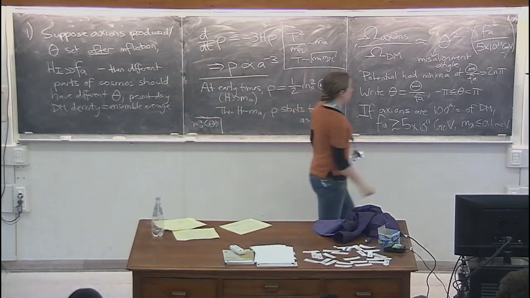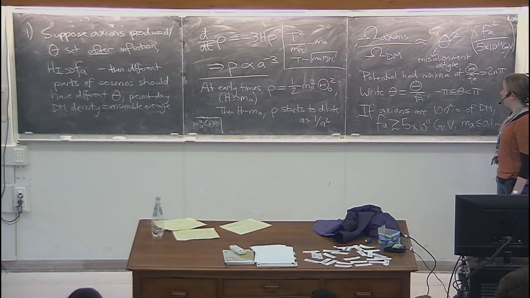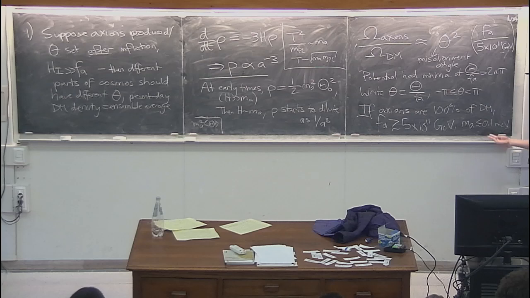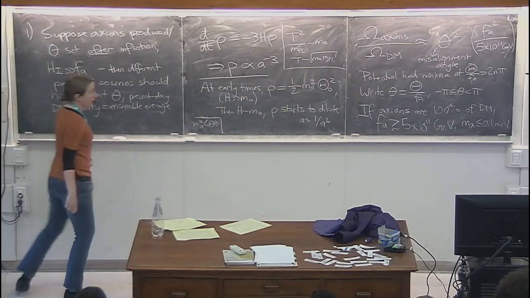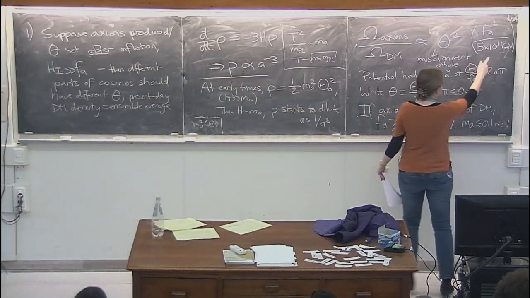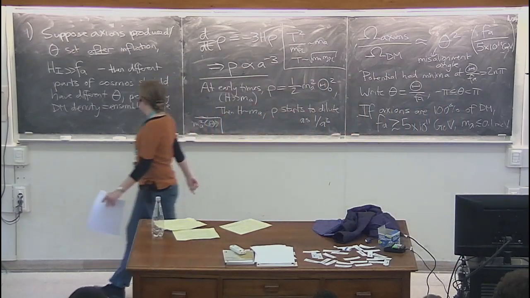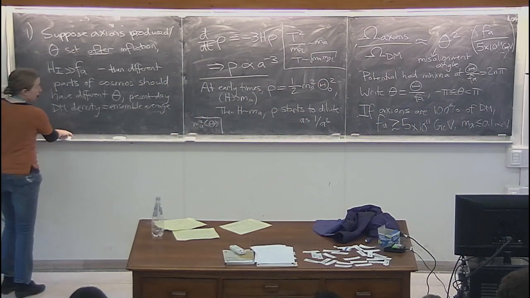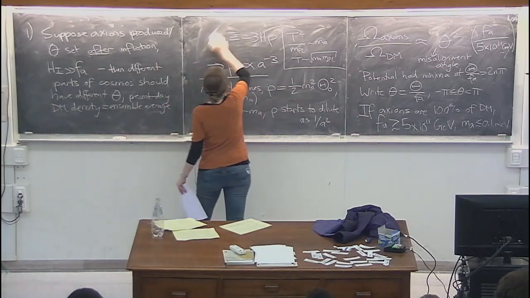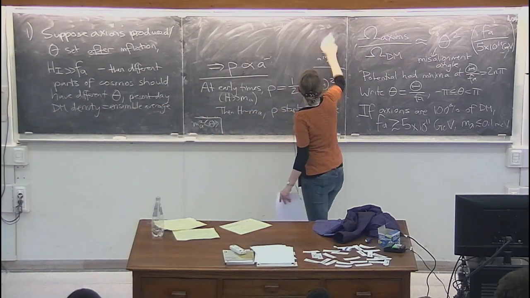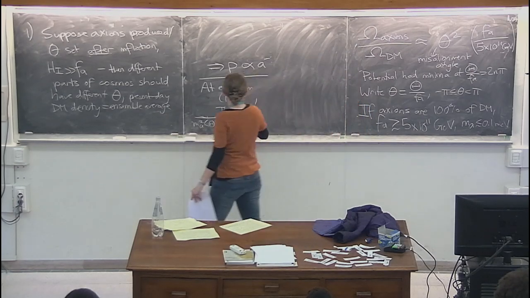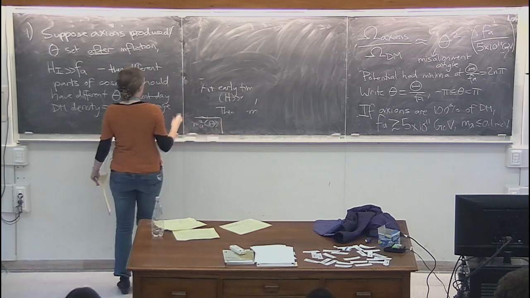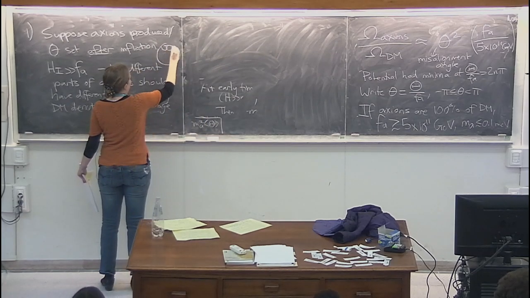So then that points you to a specific value of F_a around 5 times 10^11 GeV, the 10^12 GeV case. But the other possibility is that this happened before inflation. So the picture is that inflation happened, the cosmos was a whole bunch of different little patches, and our volume today samples many patches with different values of theta.